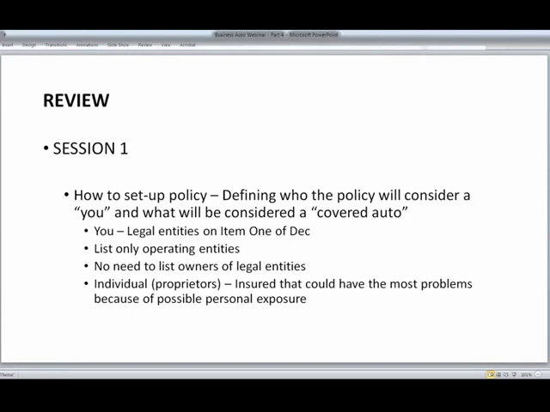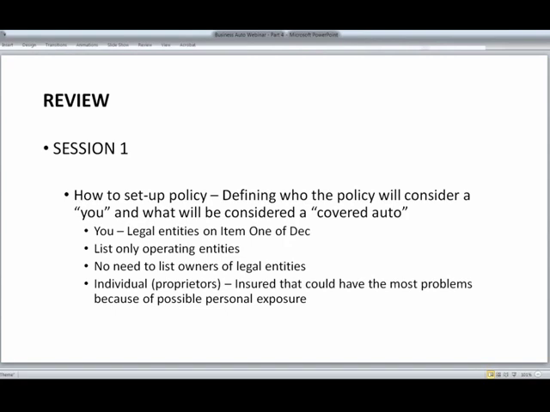And if the insured is a proprietorship, an individual, this causes more problems because of possibly bringing in personal exposures onto the commercial policy. As a matter of discussion, we talked about this is a commercial policy. Therefore, we do not want to pick up any personal use of vehicles on the commercial policy.